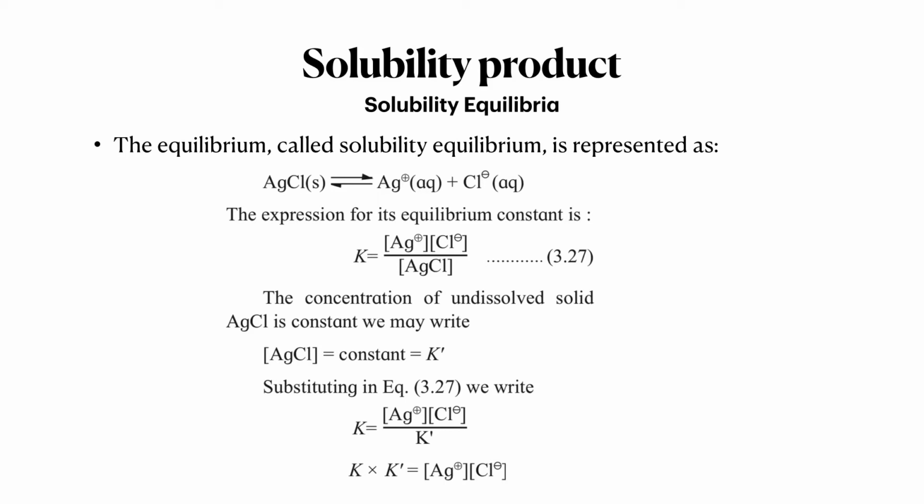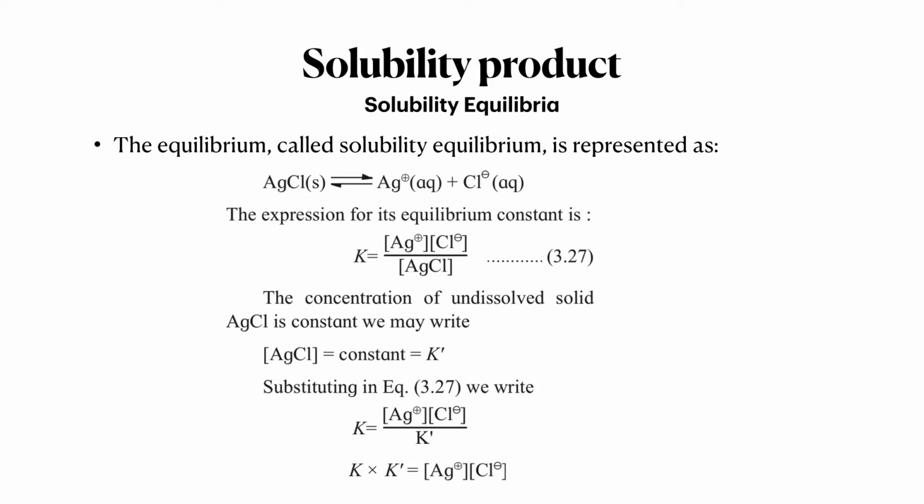Now for solubility equilibria, let's understand that we have taken AgCl powder, put it in water, and stirred continuously. What will happen? Some of the AgCl molecules will try to dissociate.